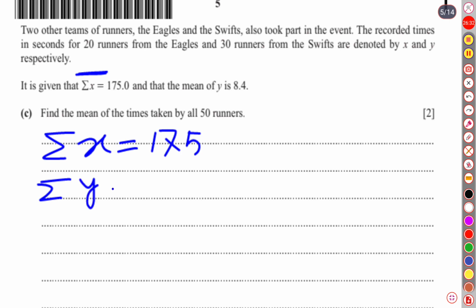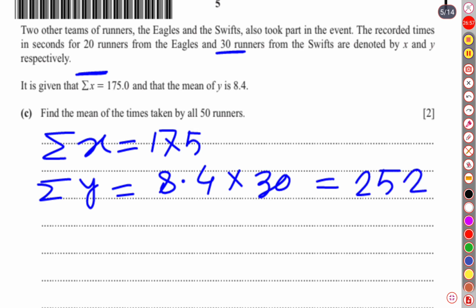And then sum of Y. Here the mean is 8.4 and the total number of runners in the Swifts is 30. So it will be multiplied by 30. Hence it is going to be 8.4 times 30, that is 252. 252 is the total time.